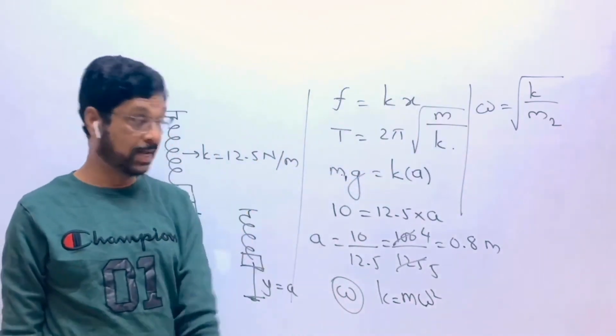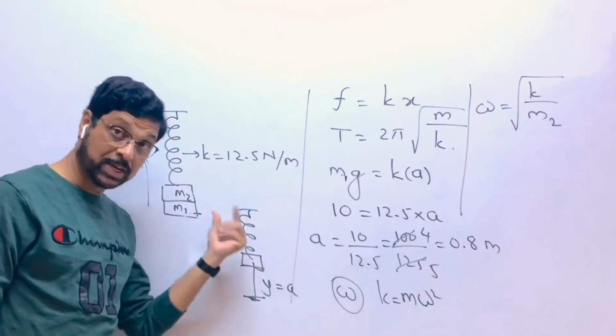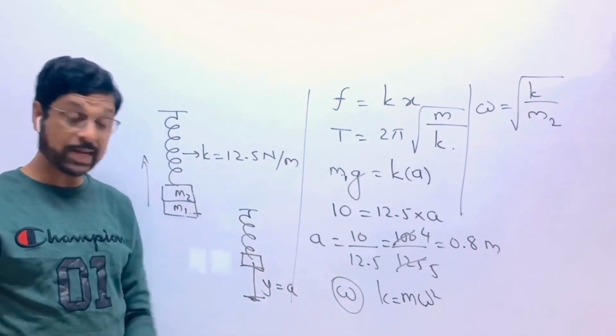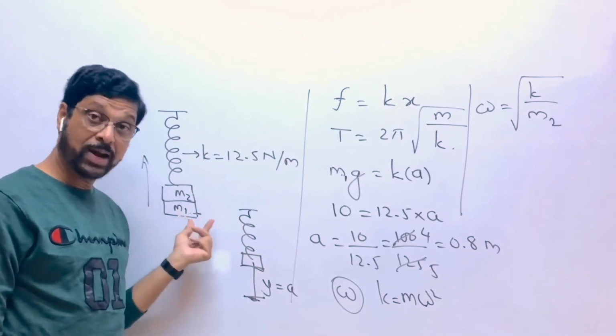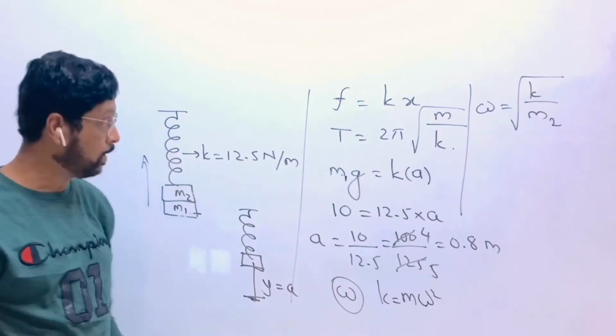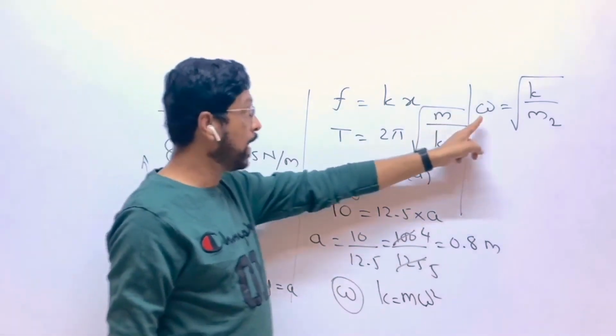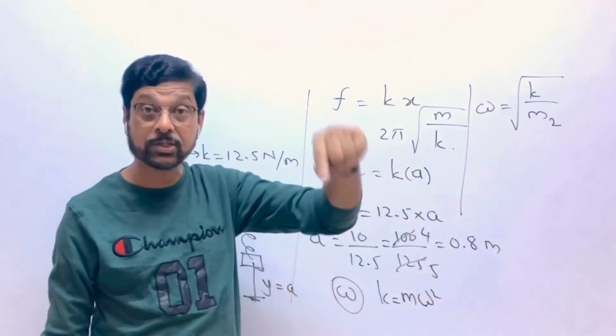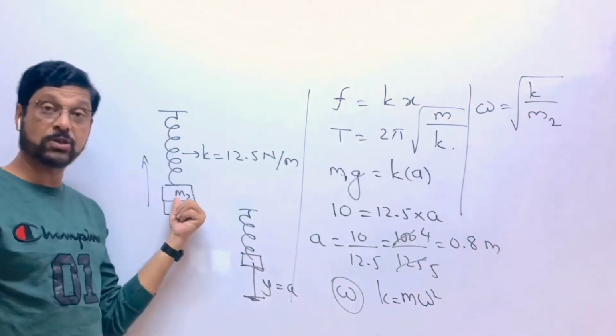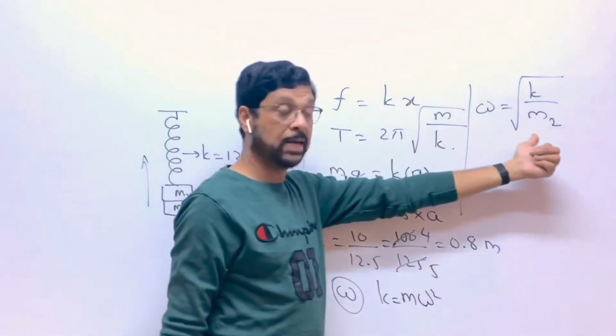ये समझ लो अच्छी तरह से. When M1 was removed, the force was acting due to M1. M1 हटने के कारण force act हुआ. Therefore, we took M1 g is equal to KA. Now we are finding the frequency. किसकी frequency? Who is oscillating? M2 is oscillating. So we take the mass M2.